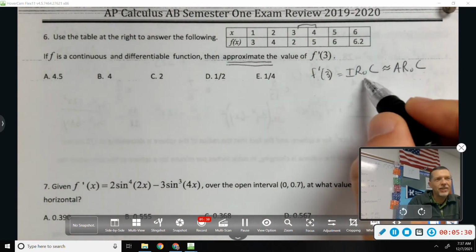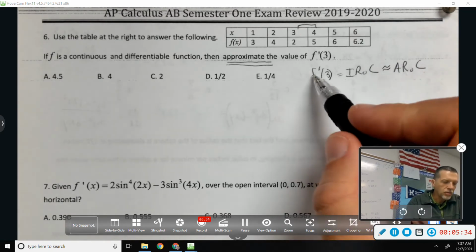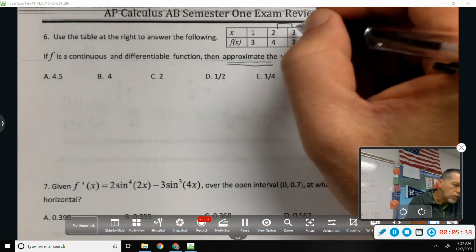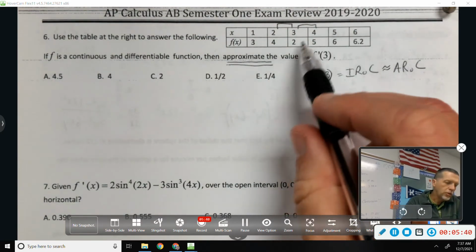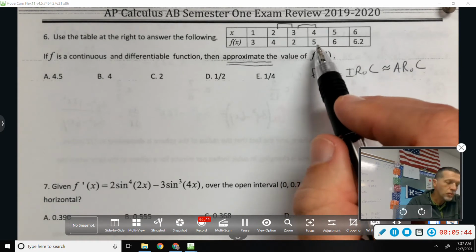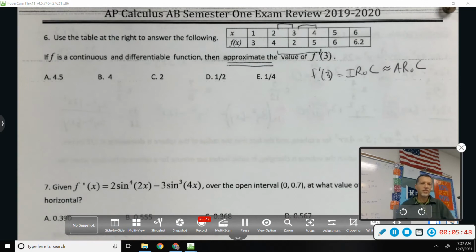I can't do IROC. I don't know what's happening exactly at 3 in terms of slope. But I don't know whether to use 2 and 3 to estimate the slope at 3, whether I should use 3 and 4 to estimate the slope at 3, or whether I should use 2 and 4 to estimate the slope at 3. And I don't like this question because you don't know which one to use.